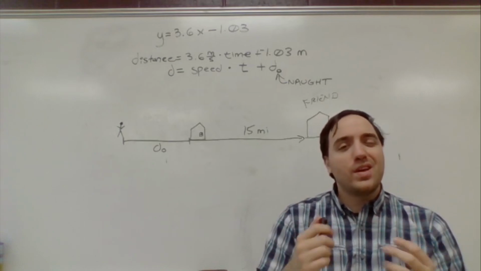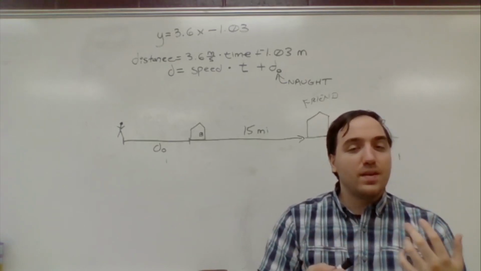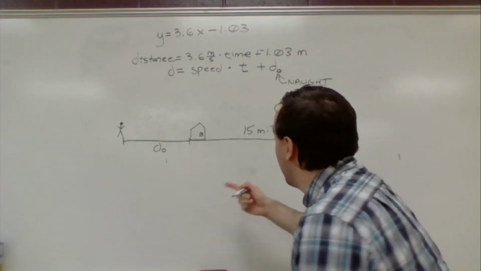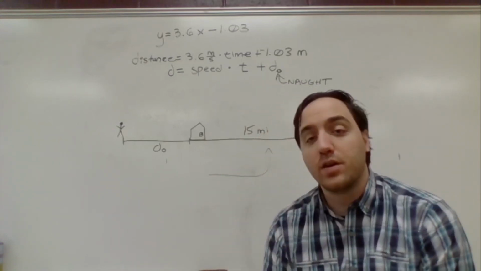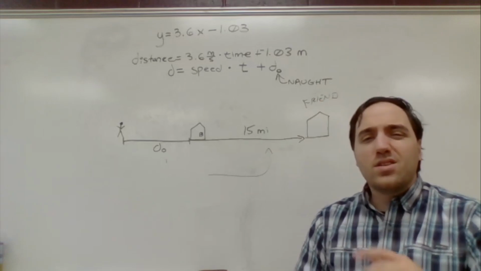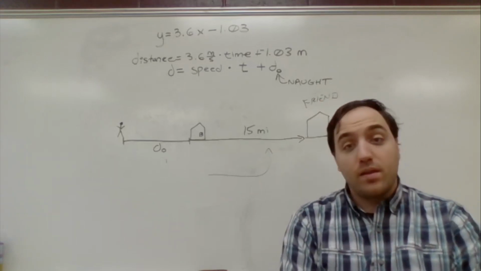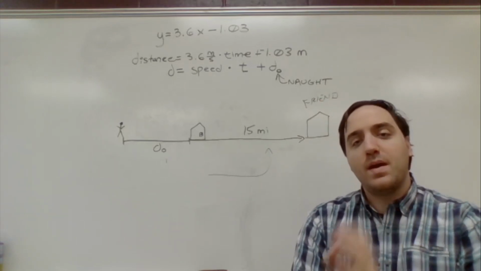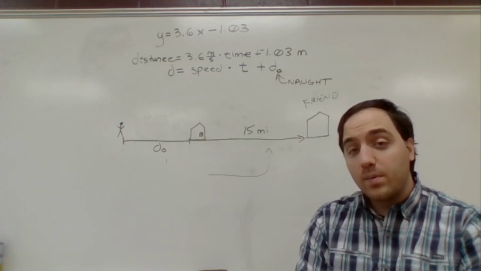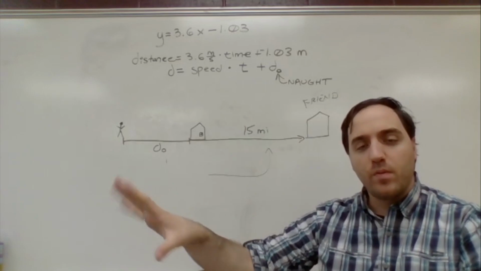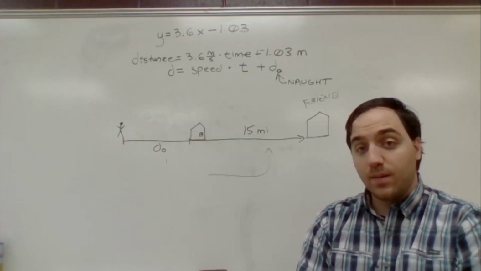There's also this slight issue of, okay, which way's positive and what happens if my friend is down the block and around the corner as opposed to a straight line? These are issues that we will have to deal with to really make this work. But for now, don't worry about them. We'll get to that problem when we get there. Don't make things harder than they need to be.